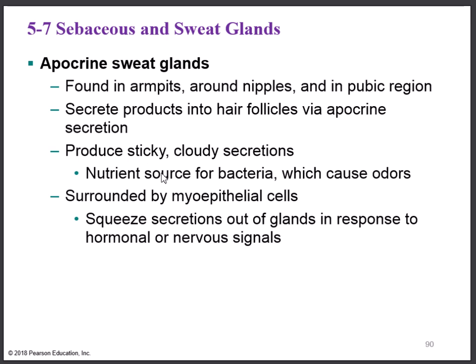The bacteria that are on our body will start to break down this secretion, and it produces odors, and that's why sometimes when people sweat from the armpit, there's actually an odor to it. So I always say, if we were in a real lecture, I would tell the class apocrine sweat glands produce smelly sweat. It's sweat that we can actually smell.